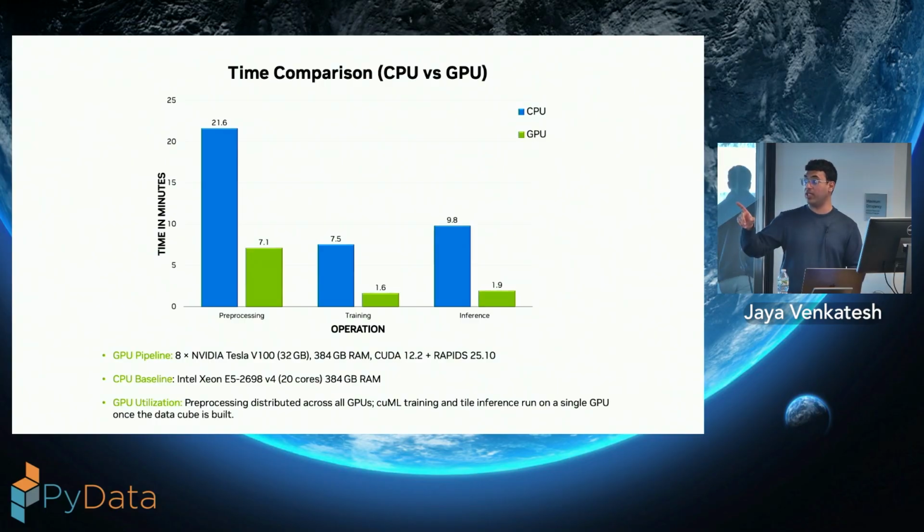The changes between the CPU and the GPU code were essentially 0, because we just added the accelerator on top, and it converted the scikit-learn code into cuML and the pandas code into cuDF. Removing that gave us the CPU baseline, and adding that gave us the GPU baseline. There are obviously a few things which are not supported, for which you would have to write cuDF native code or cuML native code. But the API is so similar to pandas and scikit-learn that you'd never find it difficult to do so.